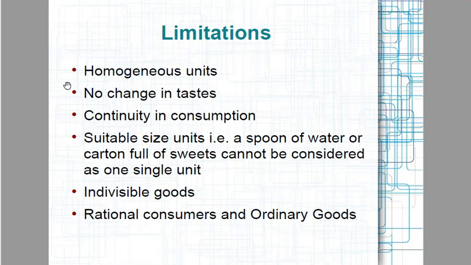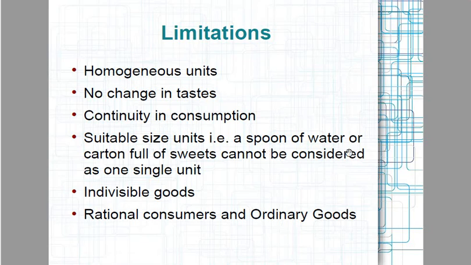Limitation, exact criticism of the things, and actually we criticize it a bit more than what the limitations suggest. Suitable size units, of course, that's not really a limitation, but it's common sense that otherwise it won't make any sense.